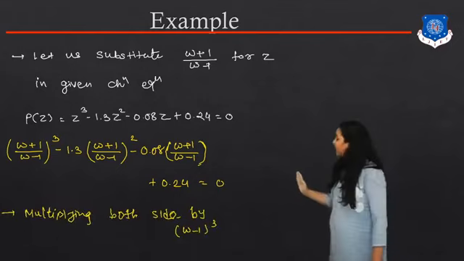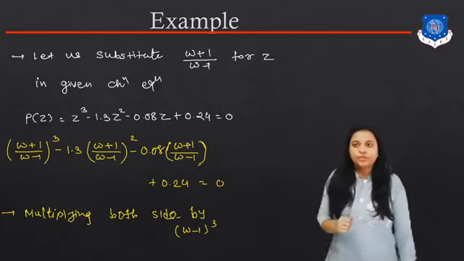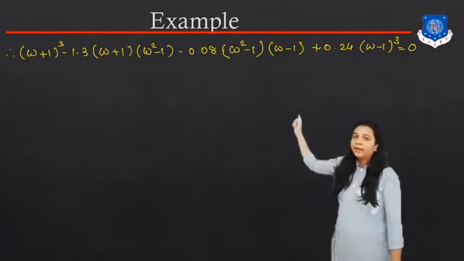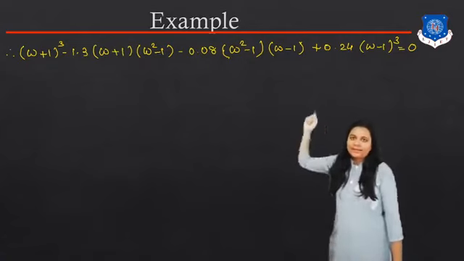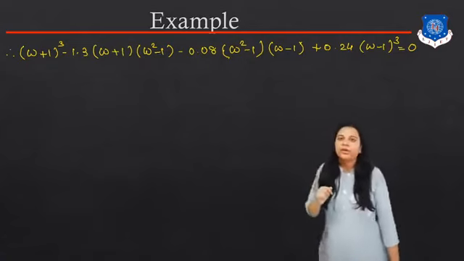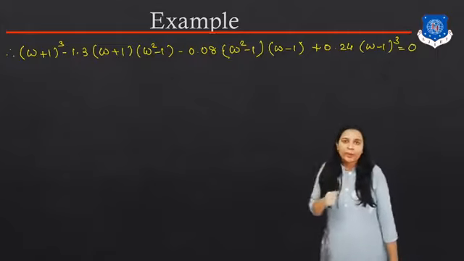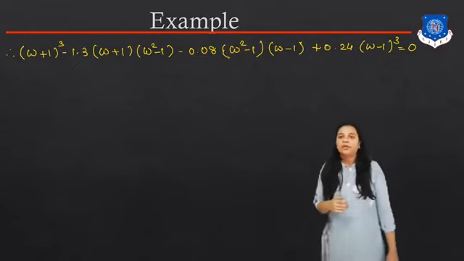For that we have to multiply both sides by (omega minus 1) cube. So we can get (omega plus 1) cube minus 1.3 (omega plus 1)^2 (omega minus 1) minus 0.08 (omega plus 1)(omega minus 1)^2 plus 0.94 (omega minus 1) cube equal to 0.